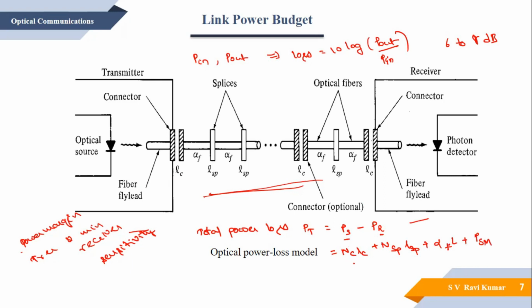Here NC represents the number of connectors used in the link, and LC is the loss at each connector. NSP is the number of splices used in the link and LSP the loss at each splice, alpha F is the fiber attenuation in decibels per kilometer, and PSM is the system margin.